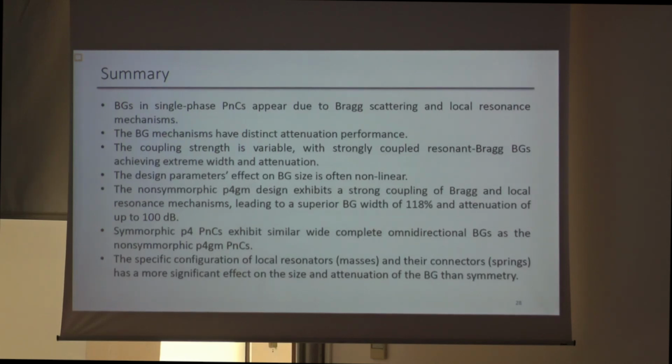So the effect of design parameters on the band gap size is often nonlinear. And we can achieve extremely large attenuation and band gap size up to 120% for any of the structures having a symmetry group with square Bravais lattice. So not necessarily non-symmetric P4GM, it can also be P4MM or even P4, which just has a lower symmetry.